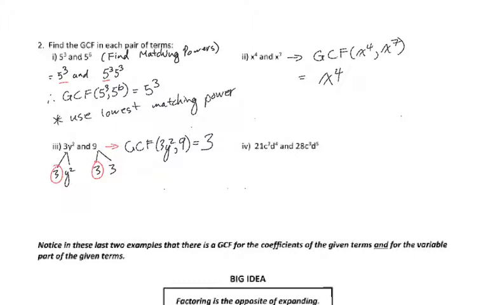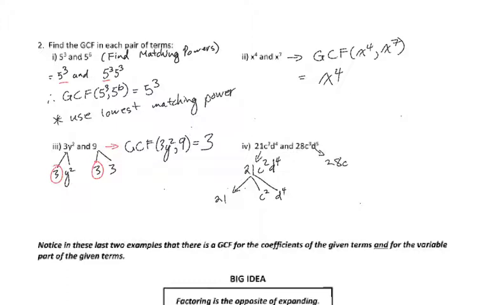Now, for the next problem, we have 21c squared d to the 6 and 28c cubed d to the 5. So the first thing we got to do is we're going to eventually split these up. The 21 splits into 7 and 3, and the c and the d's are just split again.